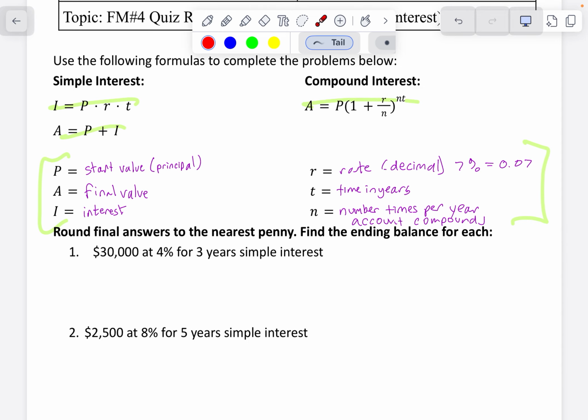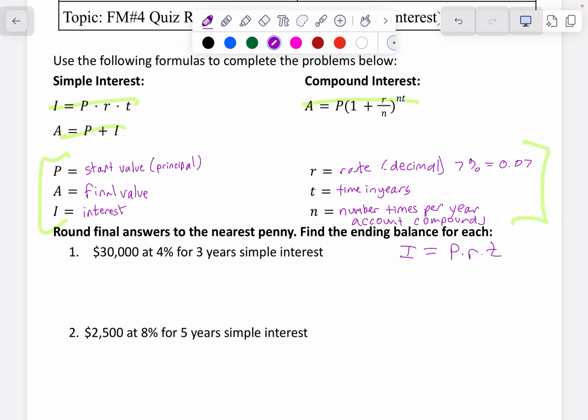So let's look at problem number 1. For this whole section, we're going to use I equals P times R times T. Okay. And so what is a good rule of thumb to identify what's what?